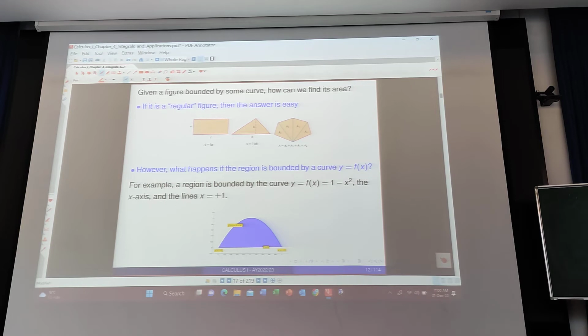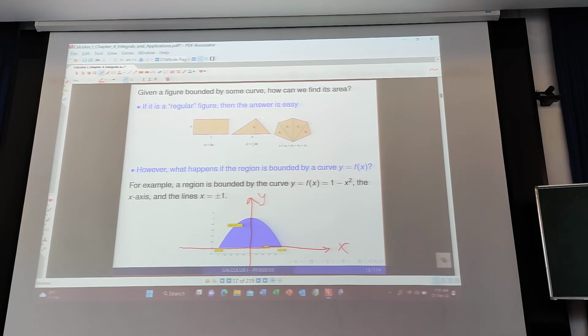So you look at this, you can see the axes, x and y. How to compute this area?